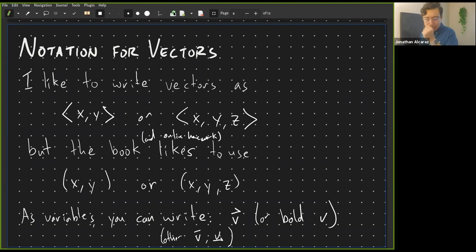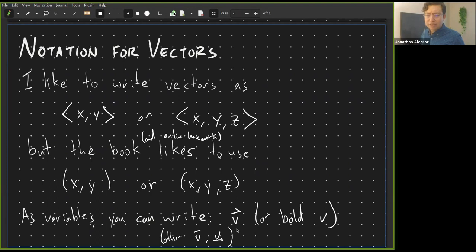So you might not always see me mention every single notation. In the context of this class, I like to use this, or if anyone is writing, they'll probably use this. And if something is typed, like the homework or the textbook, they're just going to make the letter bold.